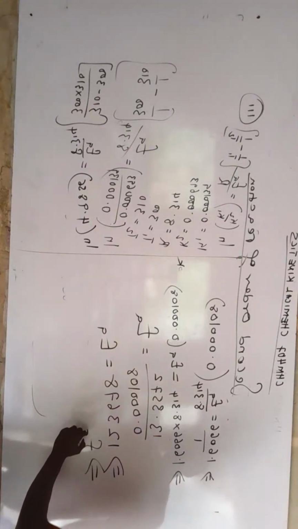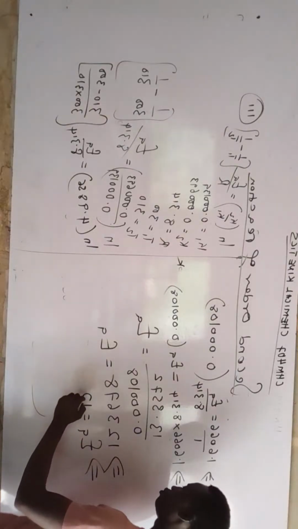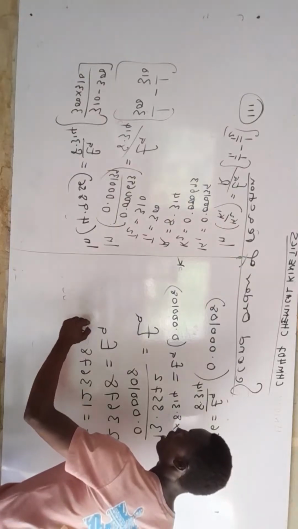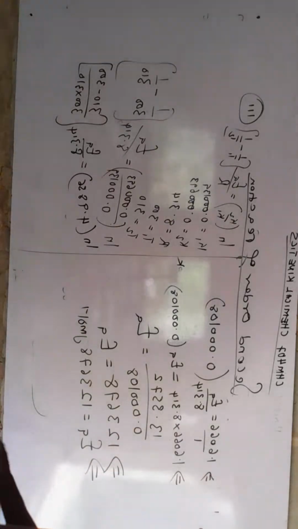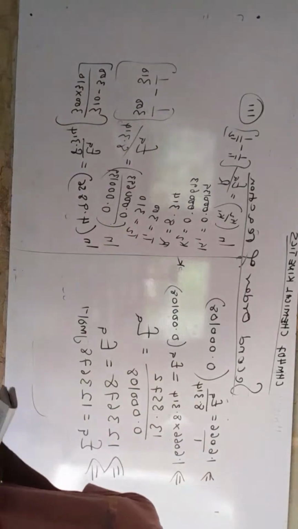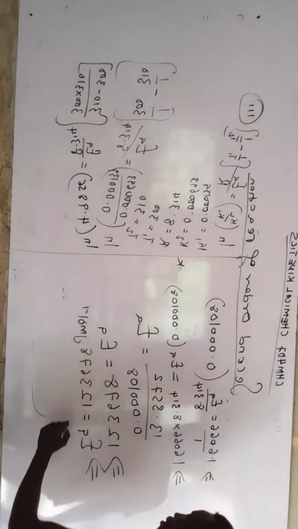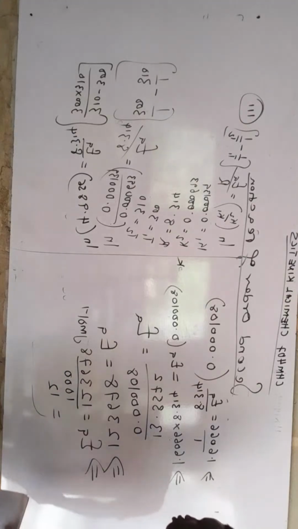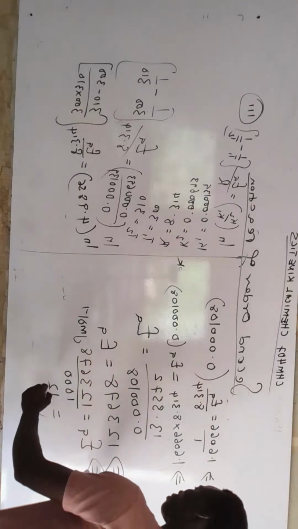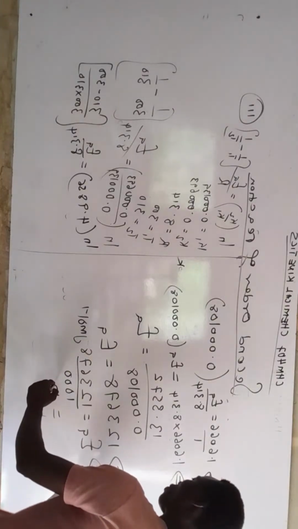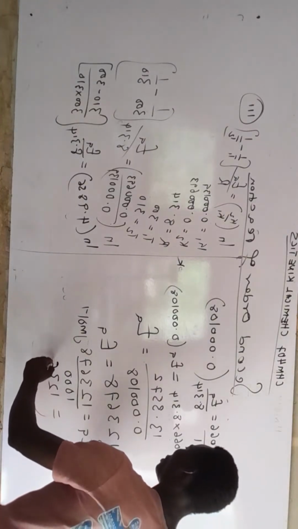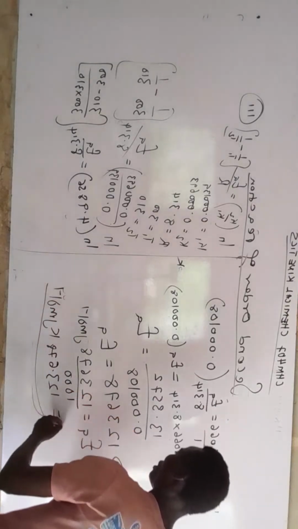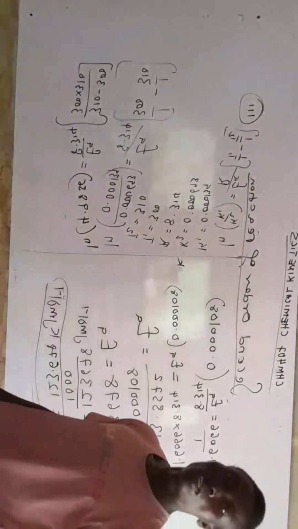This implies that our activation energy is 123678 joule per mole. If we convert this joule per mole into kilojoule, we divide it by 1000, and that will give you 123.678 kilojoule per mole. That is our final answer to that question.